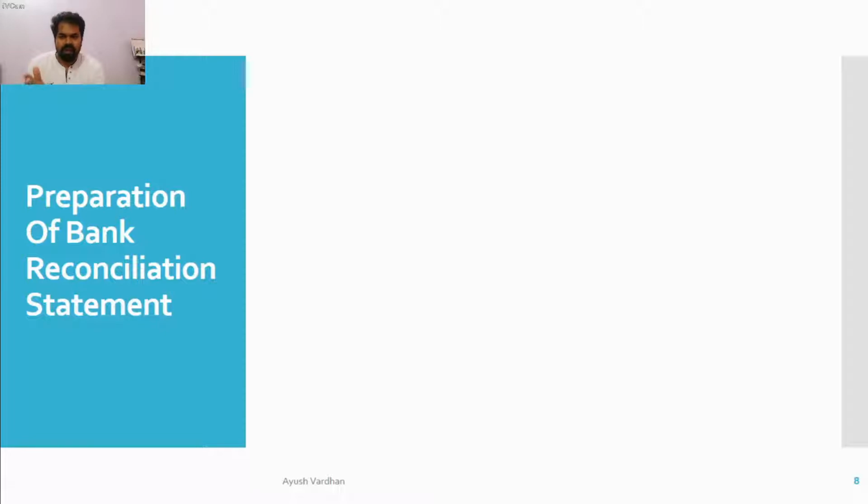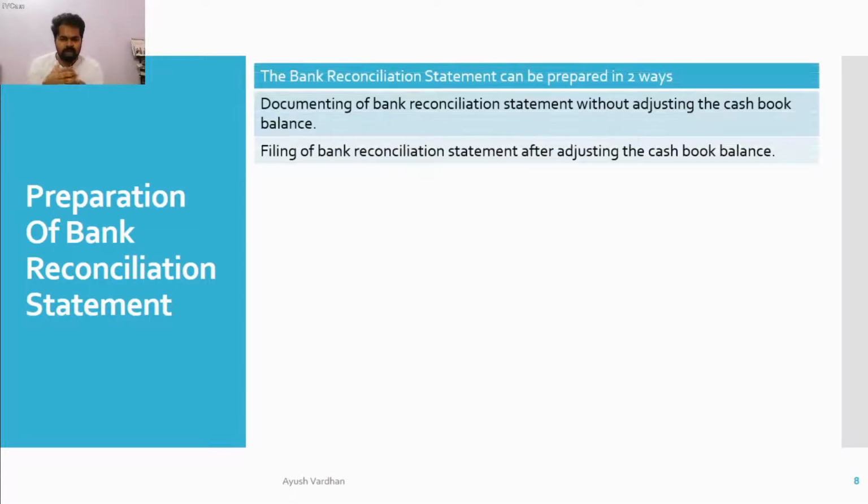Now we will see the preparation of the bank reconciliation statement. The bank reconciliation statement can be prepared in two ways. The first is documenting the reconciliation statement without adjusting the cash book balance.